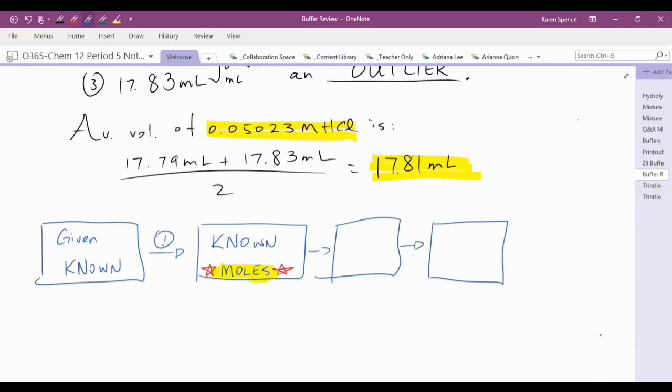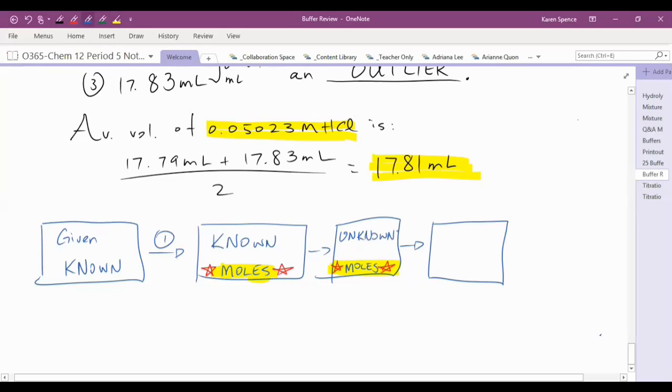We have moles of the known. Now we're going to convert into moles of the unknown. Yes. Okay. So again, this is always going to be moles. Star, highlight. Okay. And that will be our unknown.